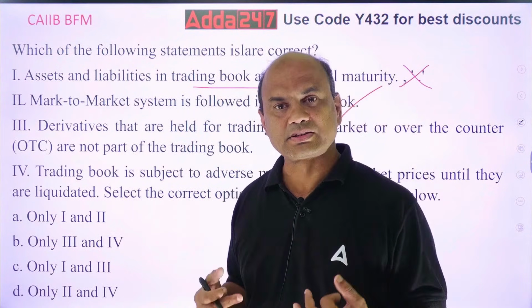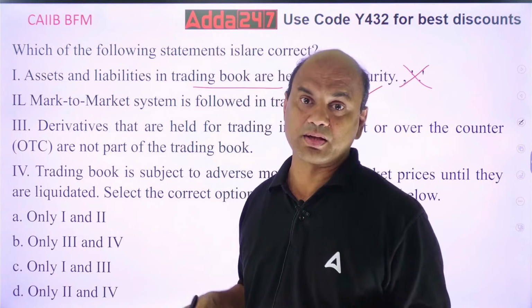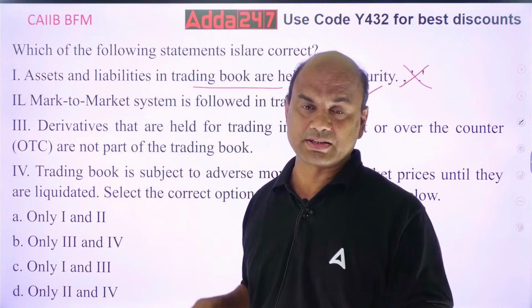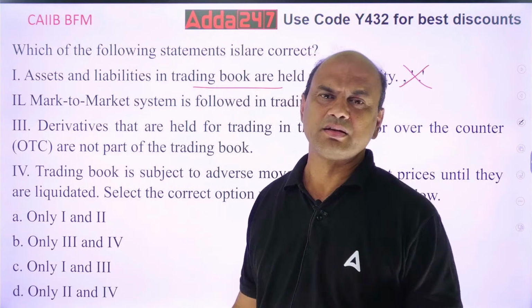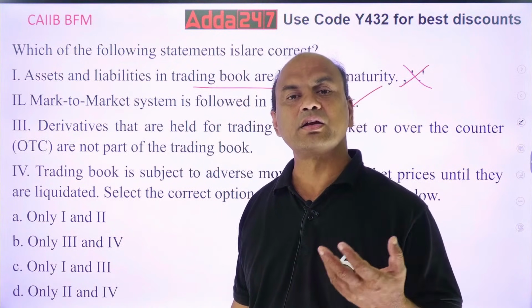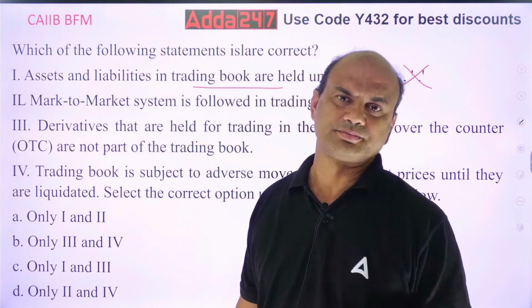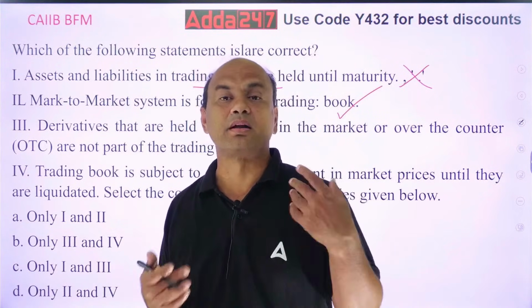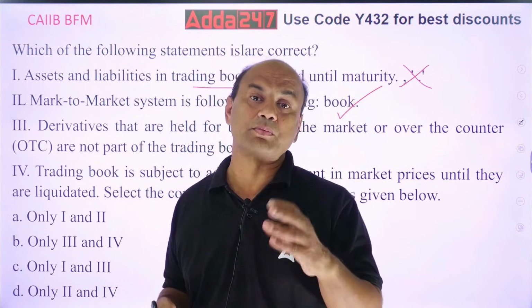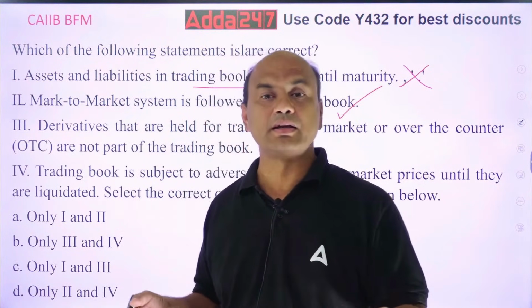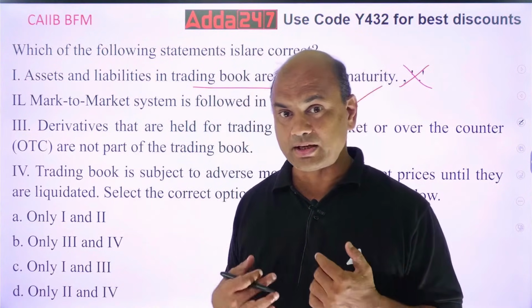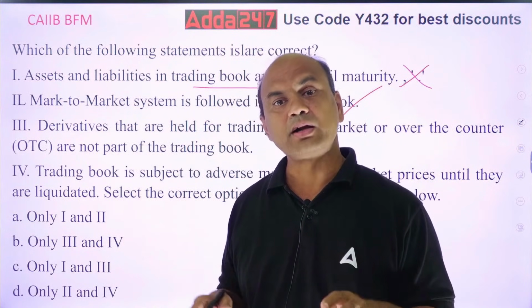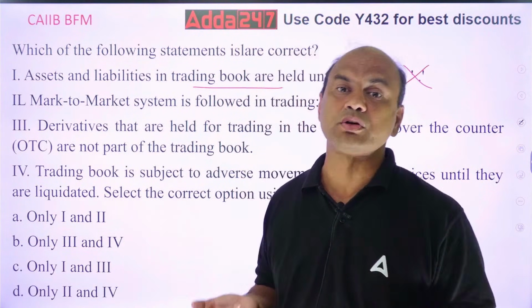Suppose I purchase a Reliance share today, or any company share, at 2000 rupees. Then tomorrow I am not going to sell it. But tomorrow if the price goes down from 2000 to let's say 1900, am I selling it? No. But I have a notional loss of 100 rupees.